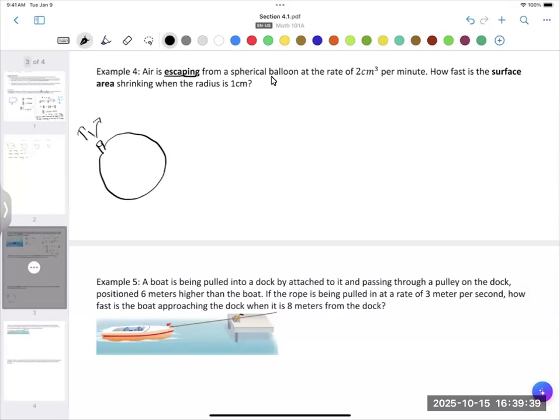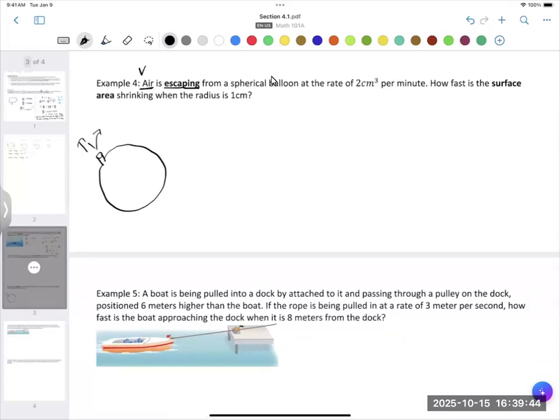The air is the volume, so we call this V. Escaping means the volume of the balloon will be decreasing, so it's going to be negative. So our dV over dt will be negative 2 centimeter cube per minute.